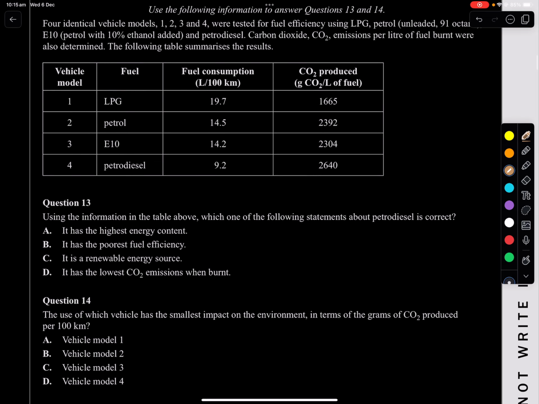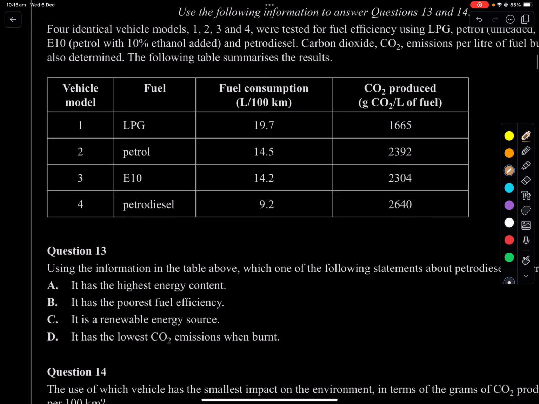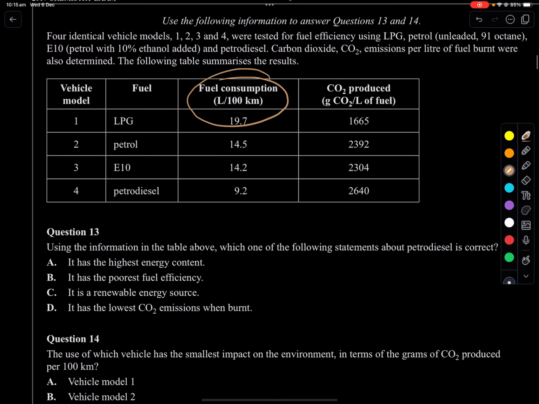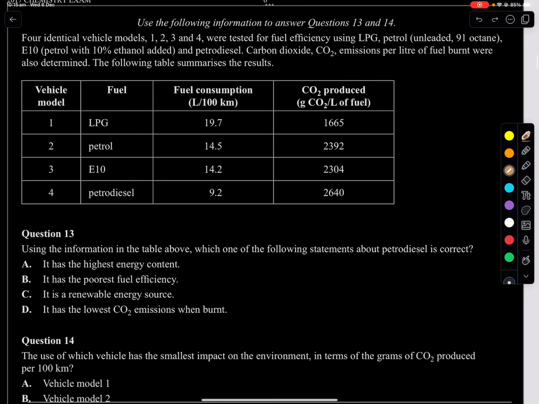Let's check that actually. To think about energy content, let's look at it in terms of fuel consumption. This is how much of each fuel will be needed, in terms of liters, for 100 kilometers. Let's say for car 1 to go 100 kilometers, it needs 19.7 liters of fuel.